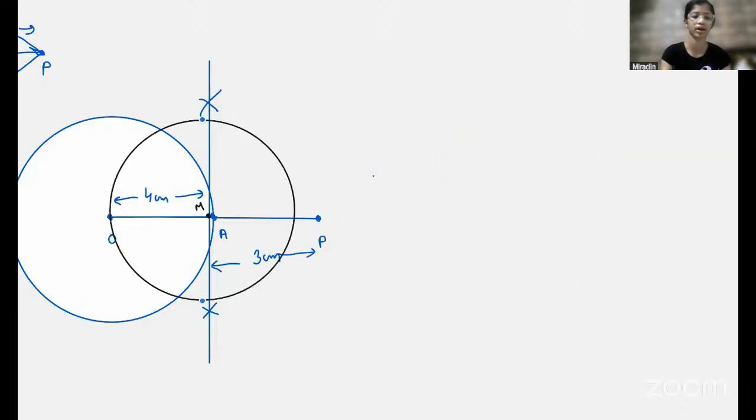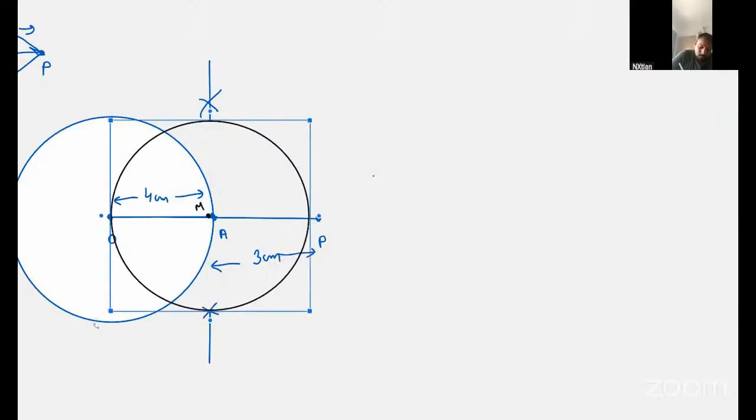So can I show my diagram? Just give me a second.